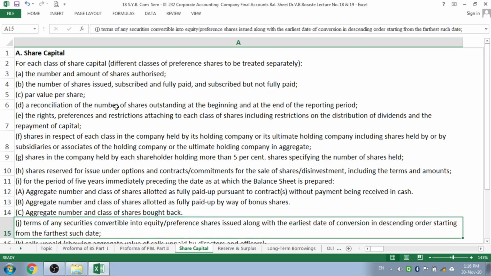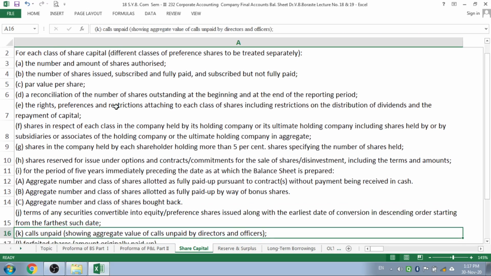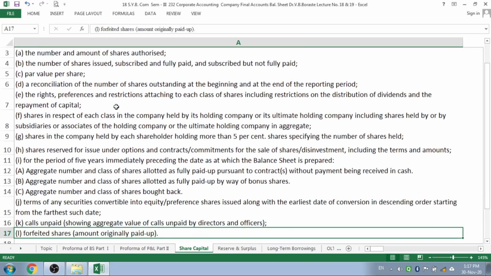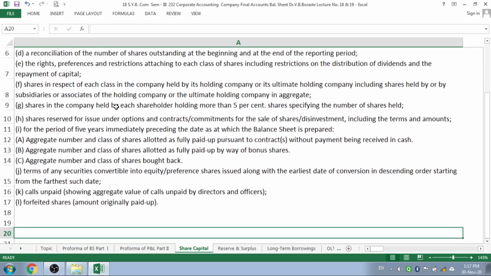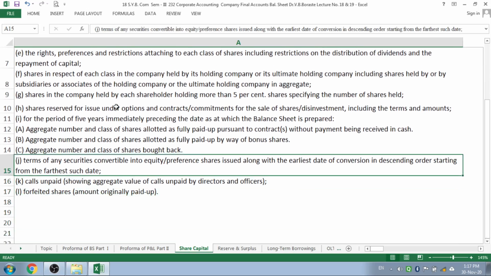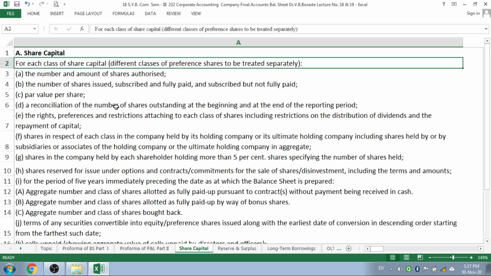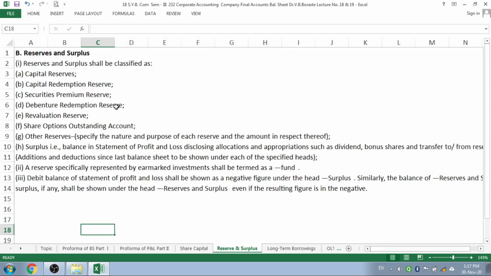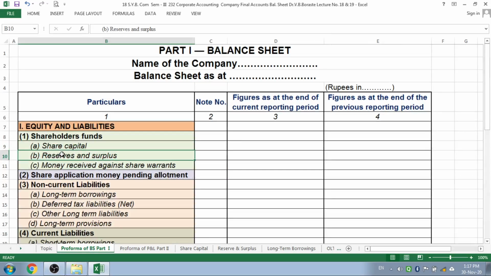Terms of any securities convertible into equity shares or preference shares issued, along with the earliest date of conversion in descending order starting from such date. Calls unpaid we have to mention here, and forfeited shares also we have to mention under the head share capital.